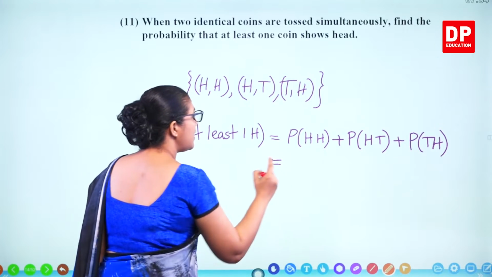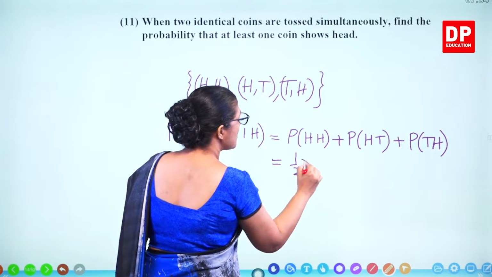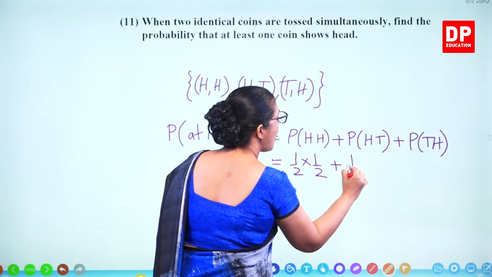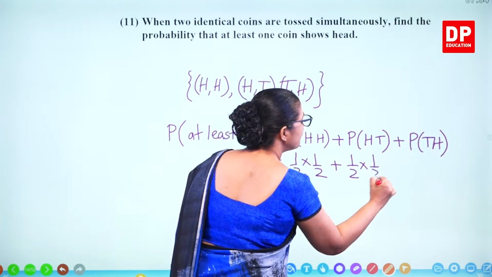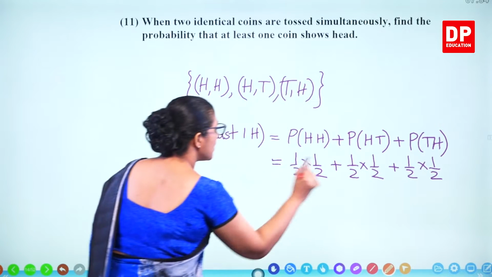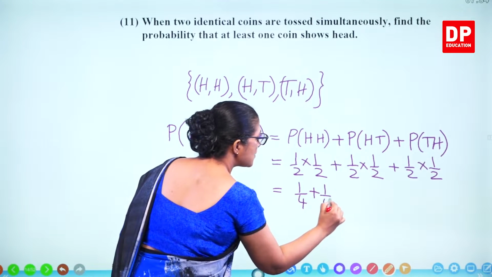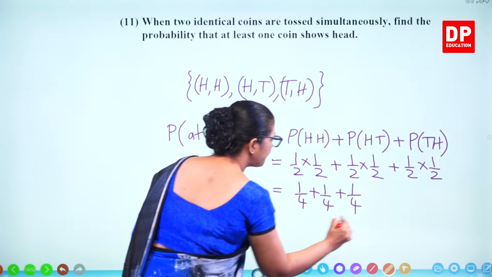So what's head, head? Half times half, 2 coins. This is also half times half. And here also half times half. 1/4, 1/4, 1/4, 3 times, 3/4.